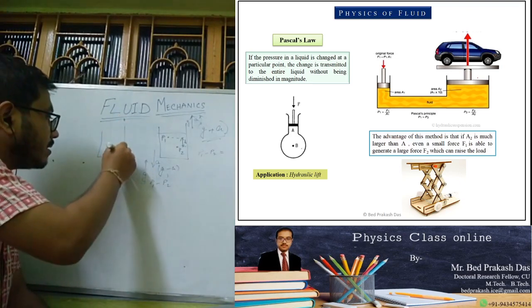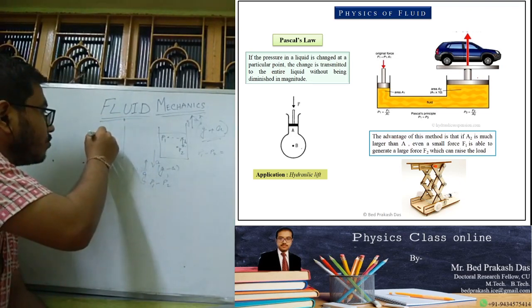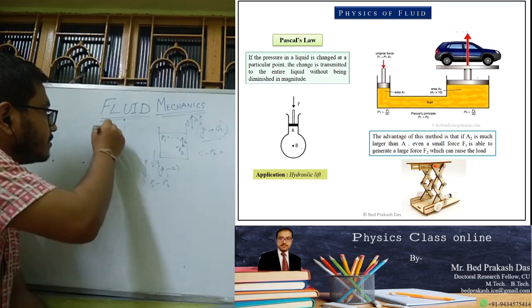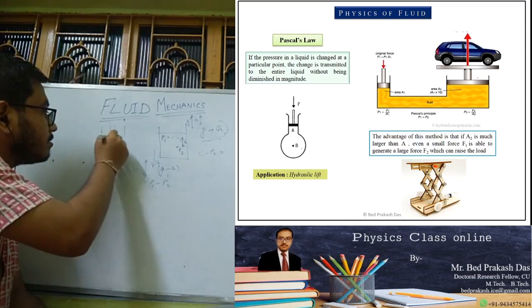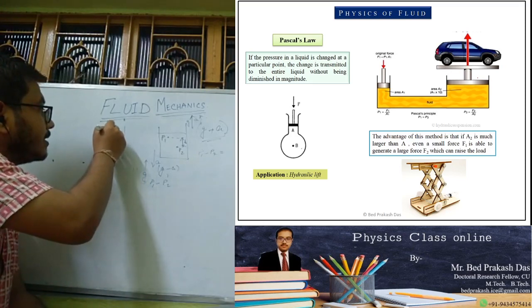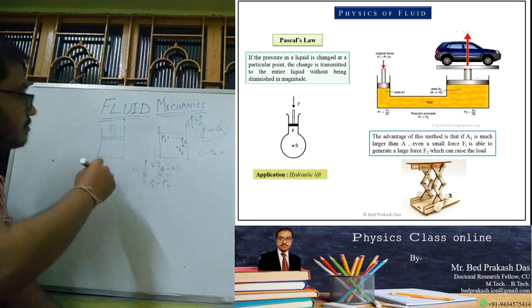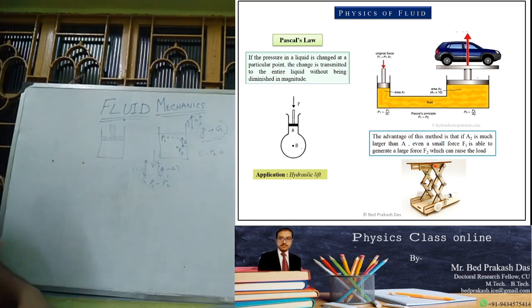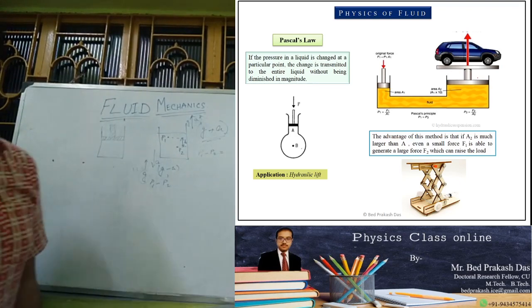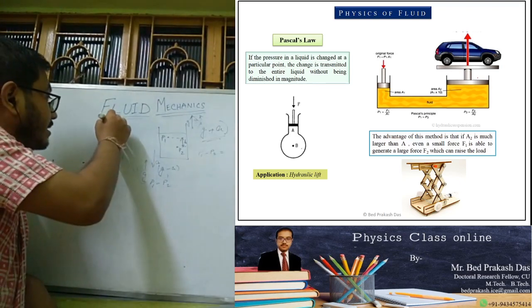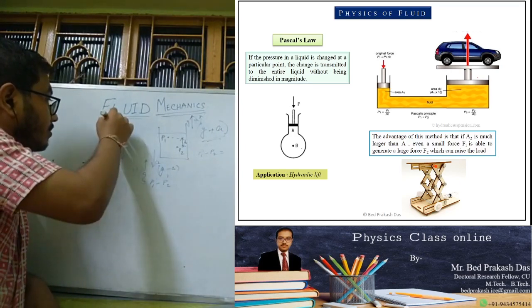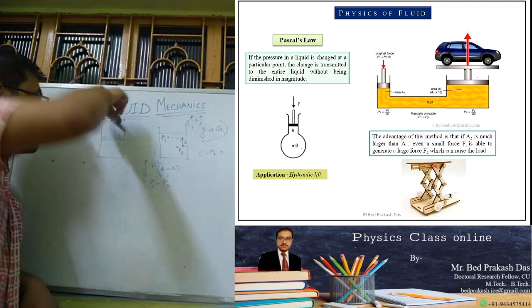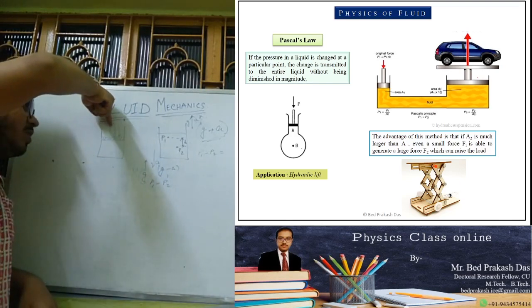Suppose this is, say, a cylinder with a piston, or you can consider the example also shown in the slide. So as the cylinder moves to and fro, now you are putting pressure onto it, just on the tip only you are putting the pressure.